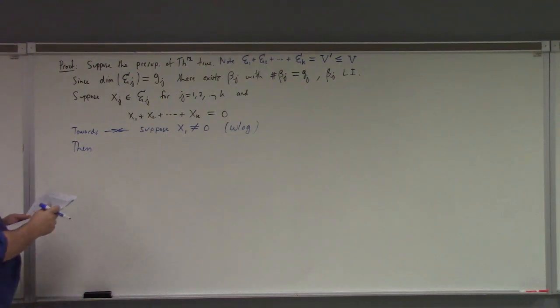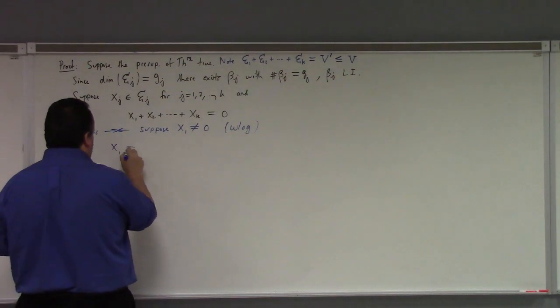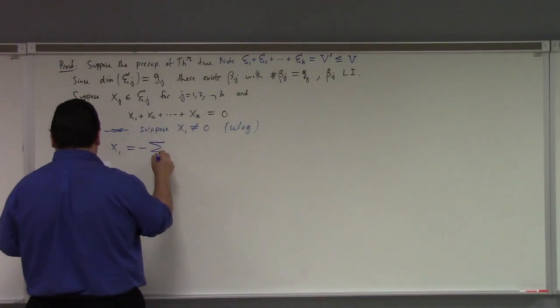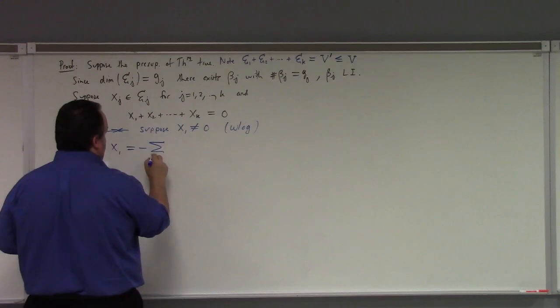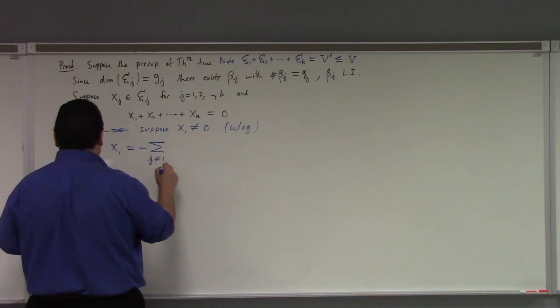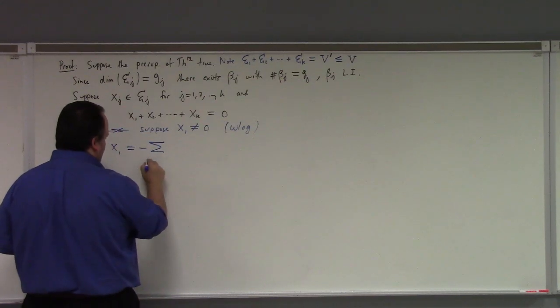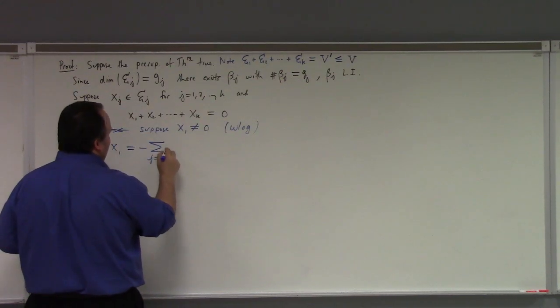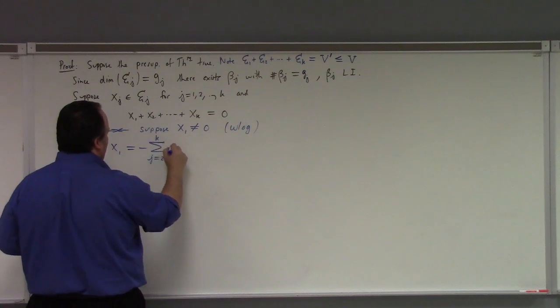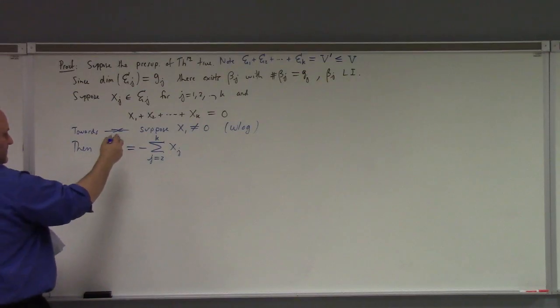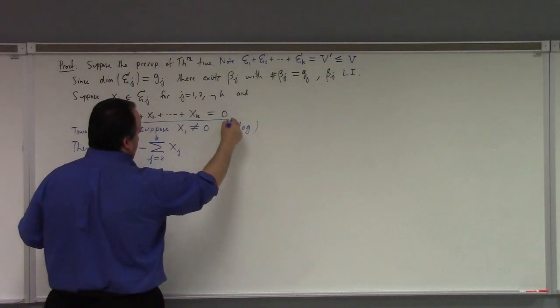Then x1 is equal to minus the sum, j equals 2 to k, of x sub j, just from this right here.